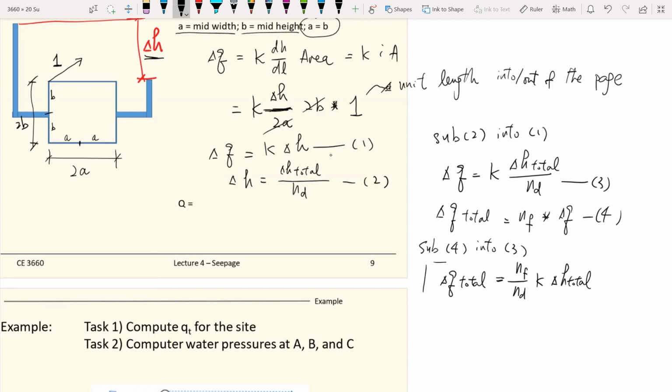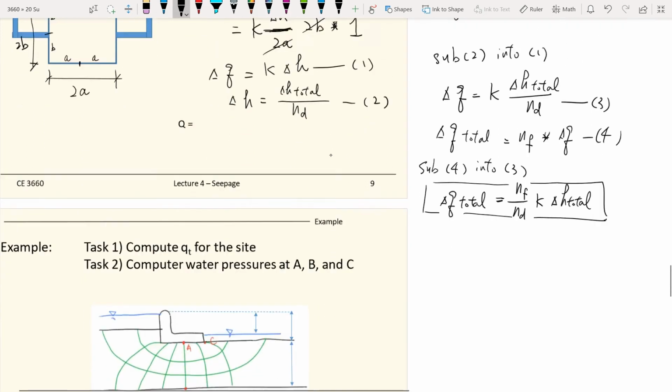So this is what we are trying to find. If we know N sub F, N sub D, the total head drop across the site, and the hydraulic conductivity for the homogeneous soil, we can find the total amount of flow going through the geostructure.